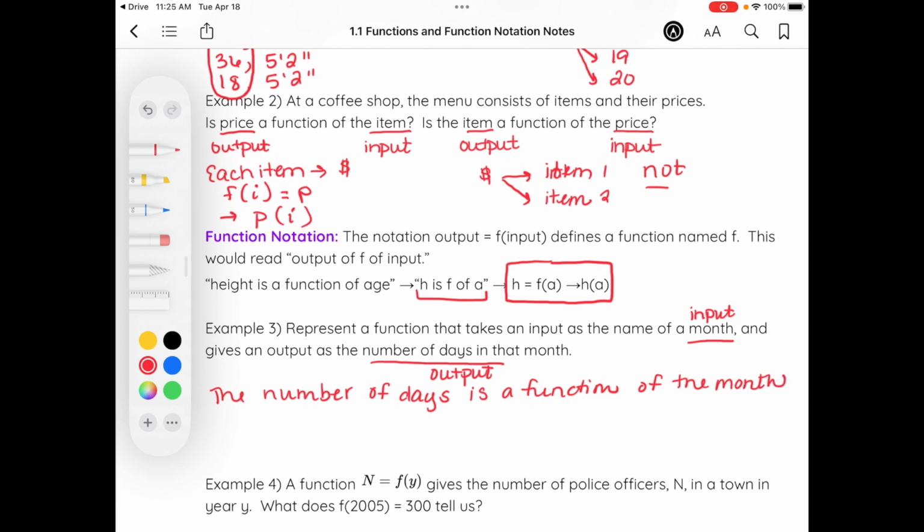I could also say that days can be found as a function of the month. Thus, D is a function of M, where M is the input and D is the output.